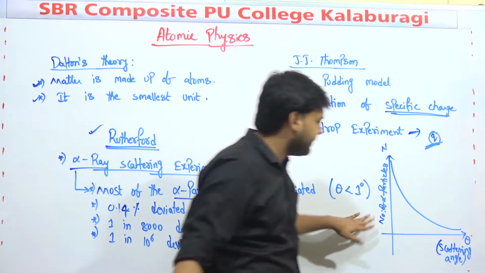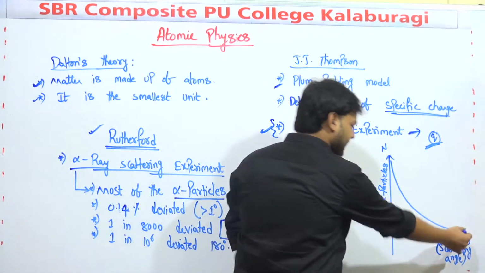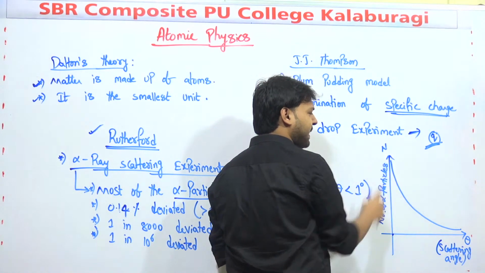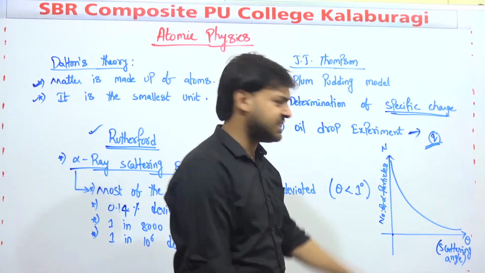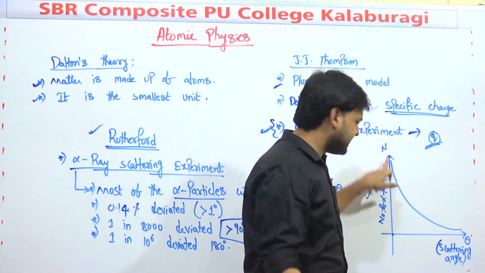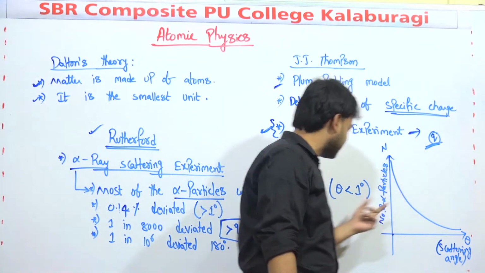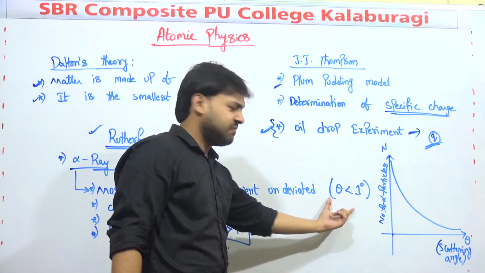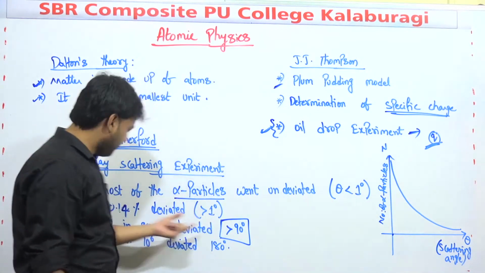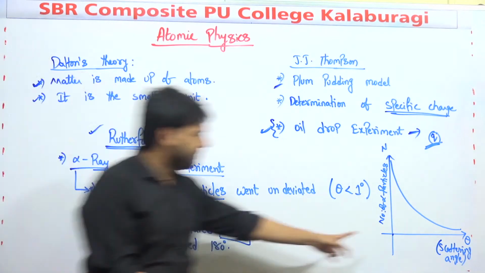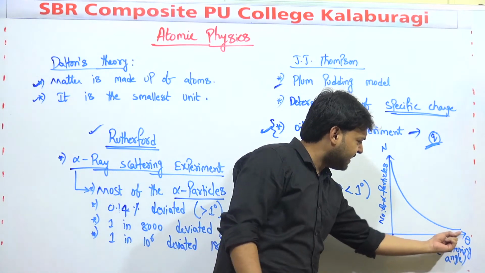Now the graph. If theta is 0 or very small, the number of alpha particles deviated is very large. As the angle increases, the number of particles deviating decreases. Theta less than 1, then greater than 1, very few. Greater than 90 degrees, very few, somewhere around here.